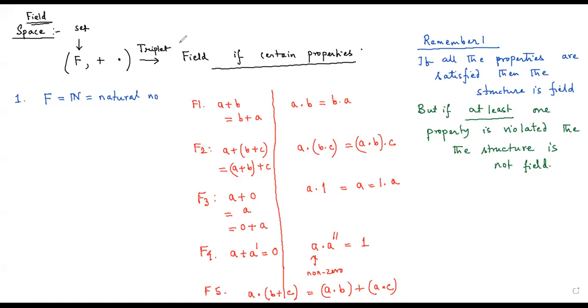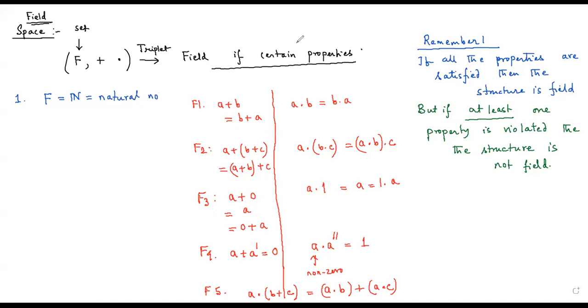Then we have to be very careful that the set I'm dealing with has elements that satisfy each and every property. If at least one of these properties is violated, then we'll say that this is not a field. The structure is not at all a field.